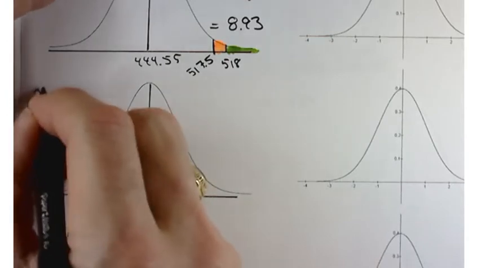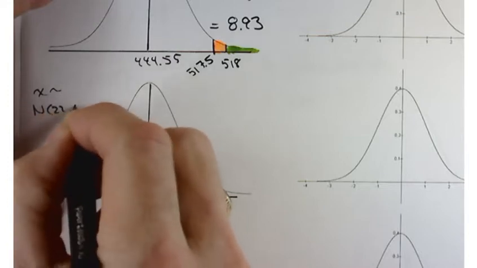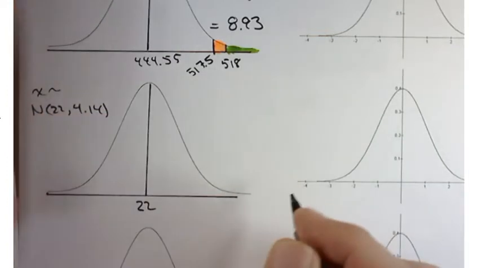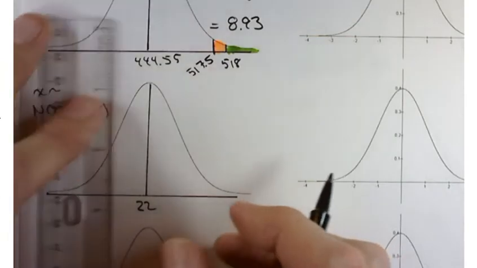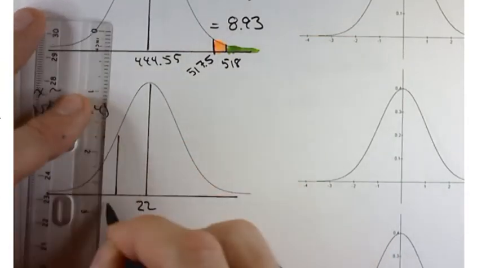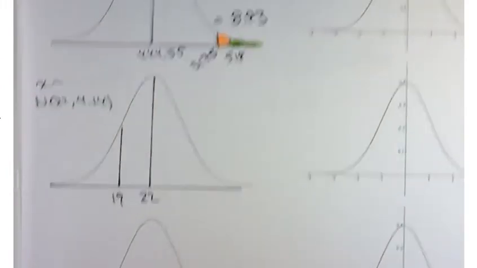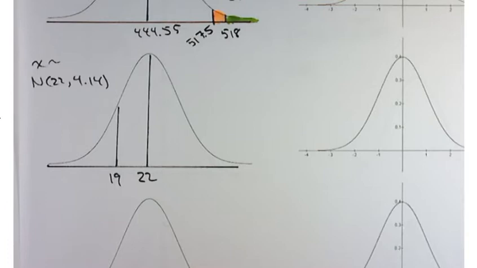So X is distributed normally with a mean of 22 and a standard deviation of 4.14. We want to find the probability of getting exactly 19 of them to vote. That's kind of skinny, isn't it? Yeah. So you got to make this bigger by a half on both sides.